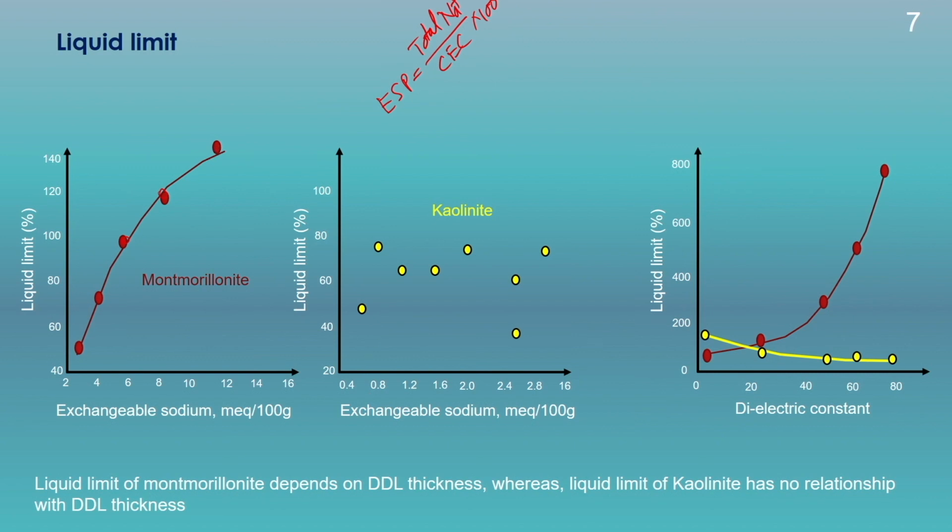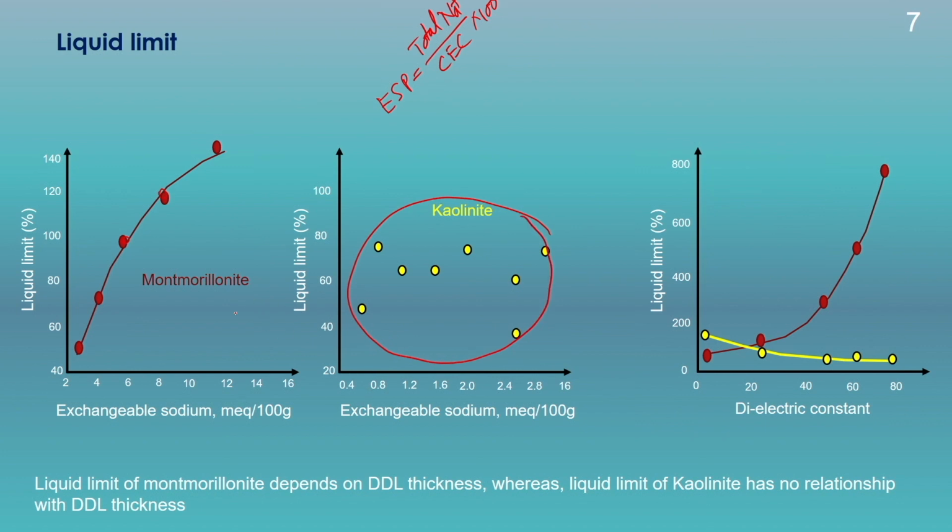If we compare with kaolinite, the diffuse double layer thickness will not be able to develop because the interlayers are strongly bonded by hydrogen bonding. Therefore, we can see here the exchangeable sodium will have no relation with the liquid limit.